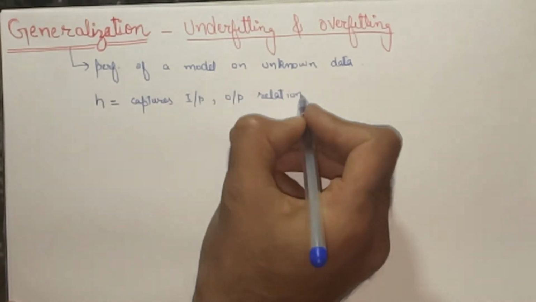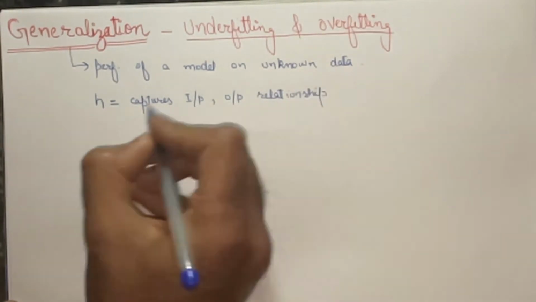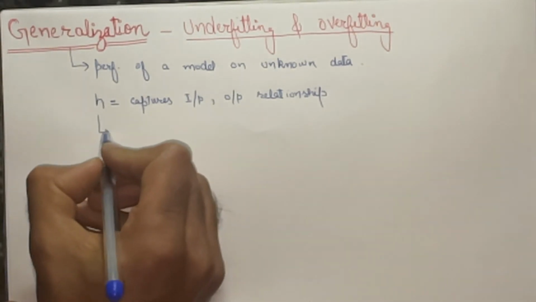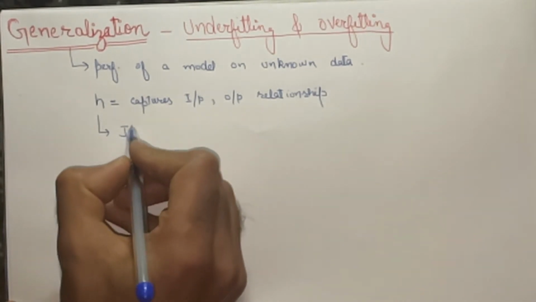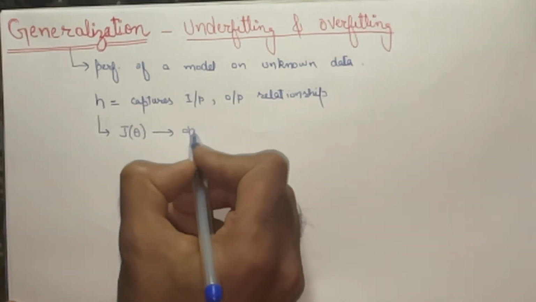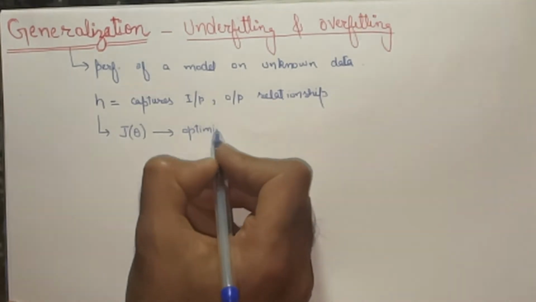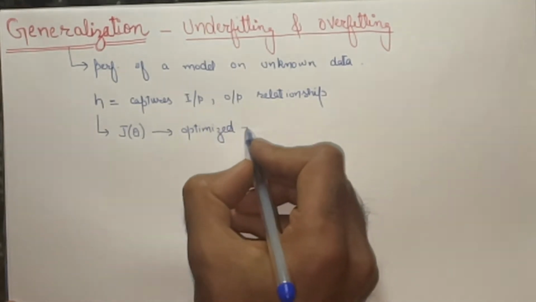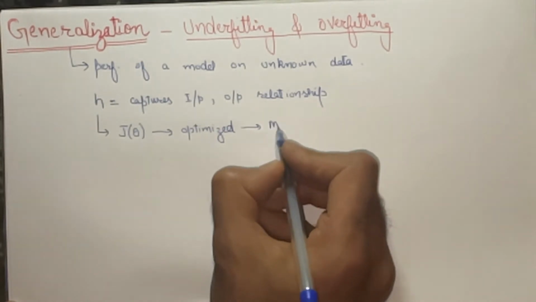And how are we able to find the best hypothesis function? For that, we have a cost, and we optimized this cost. Cost here means that we optimized the mean square error.